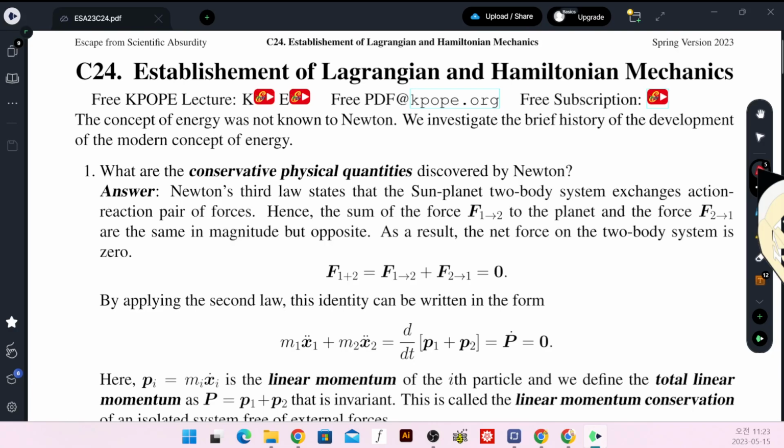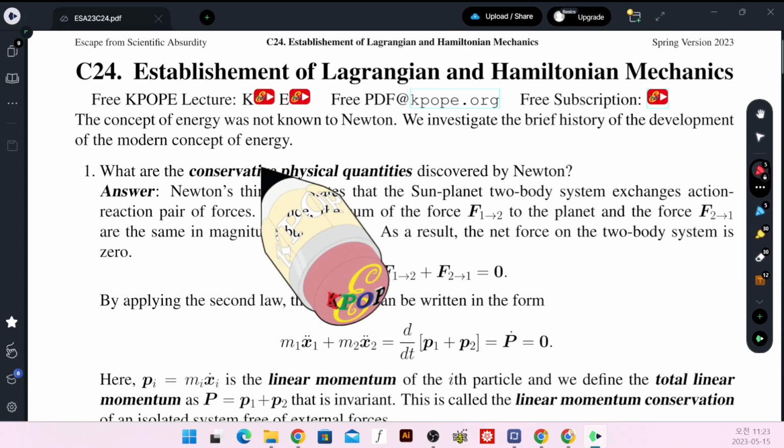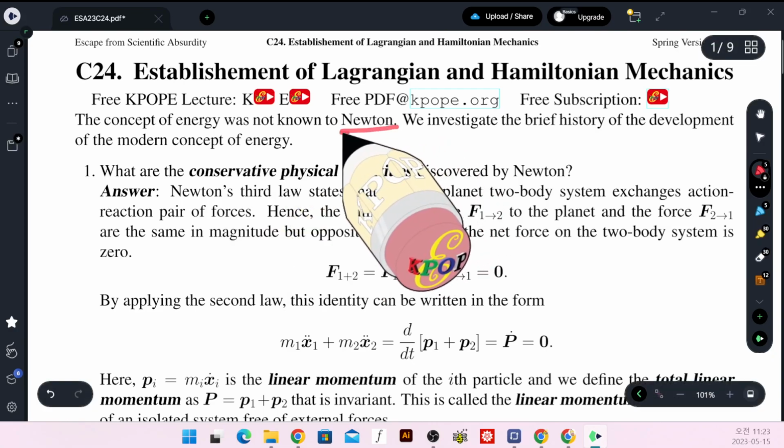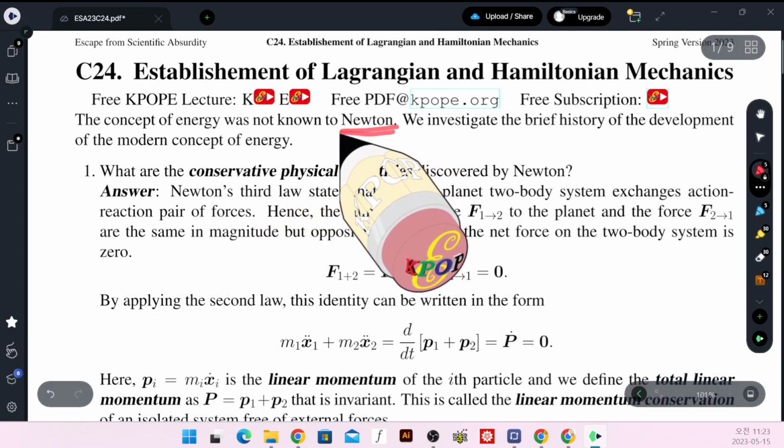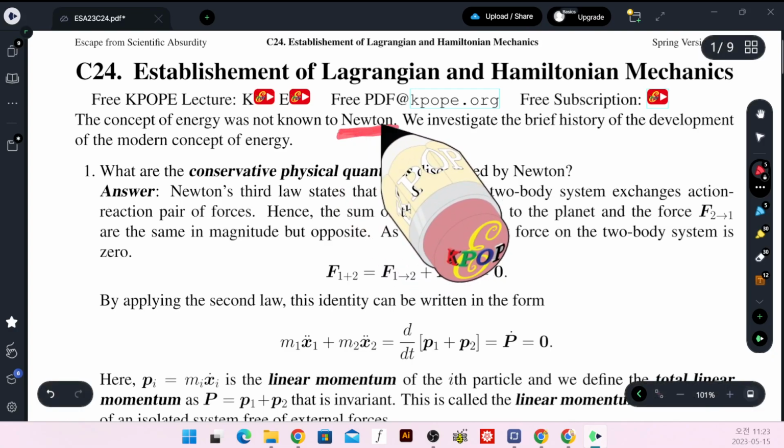The concept of energy was not known to Newton, although many people misunderstand that Newton knew about energy. The introduction of a conservative force, corresponding to the introduction of potential energy, greatly simplifies our problem solving, because it reduces a problem to a scalar instead of a vector field.